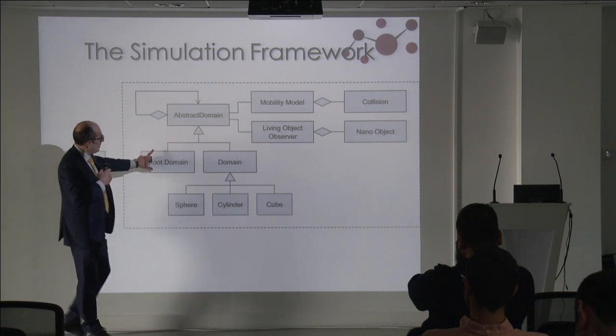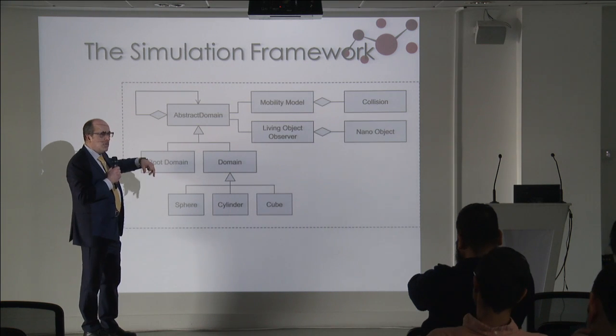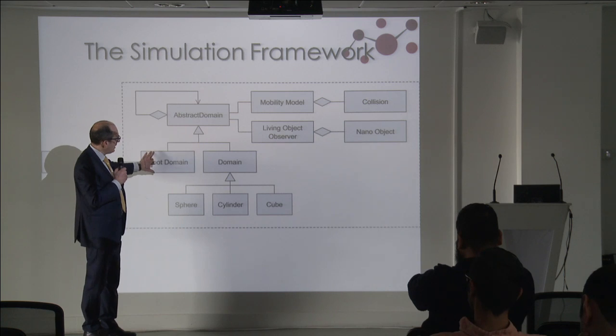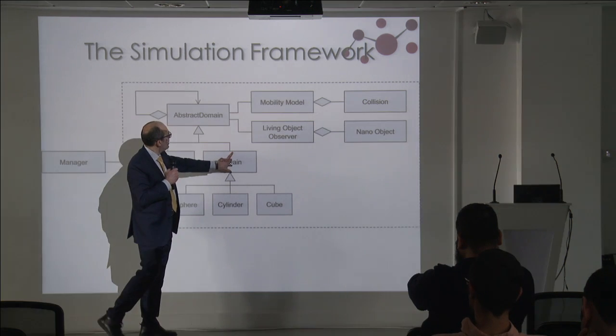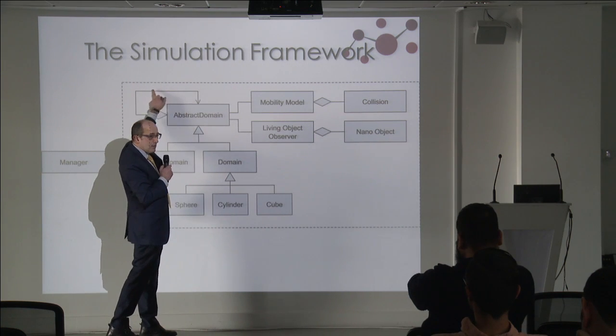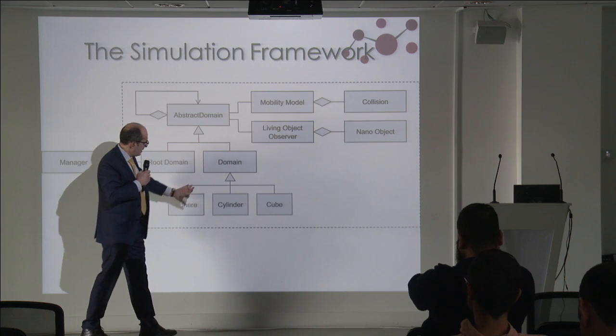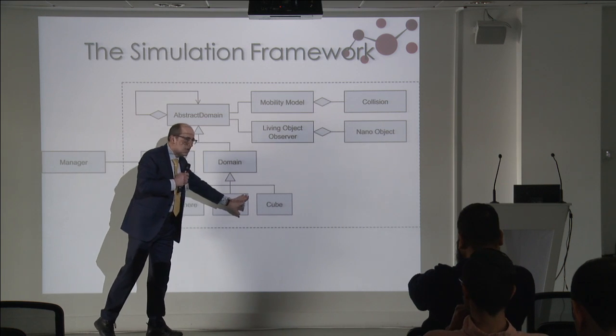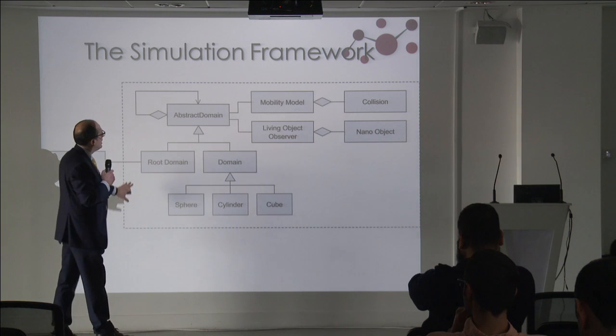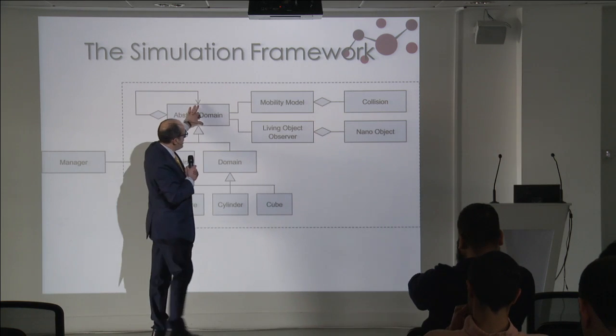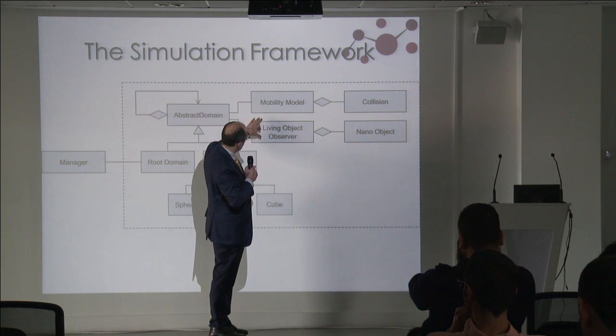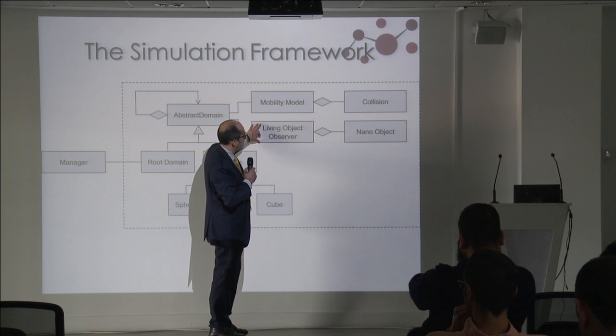Once we have a root domain, we can build up the simulation domain by instantiating other domains in a nested manner. Each domain has a shape, and the abstract domain is associated with a mobility model and living object observers.